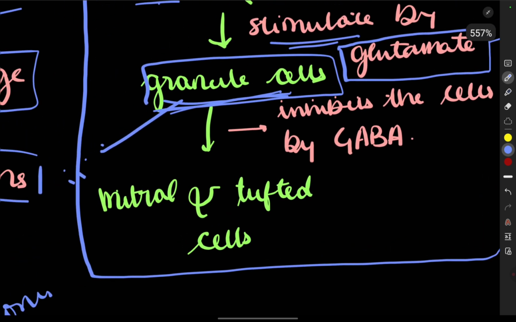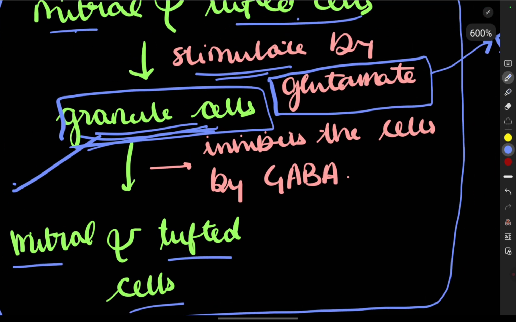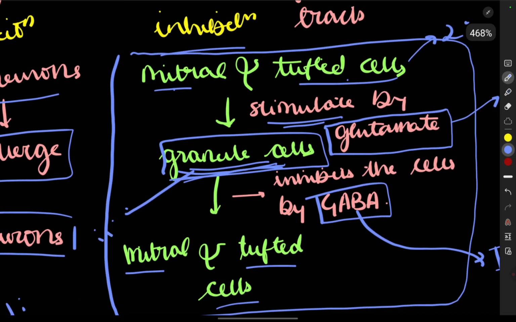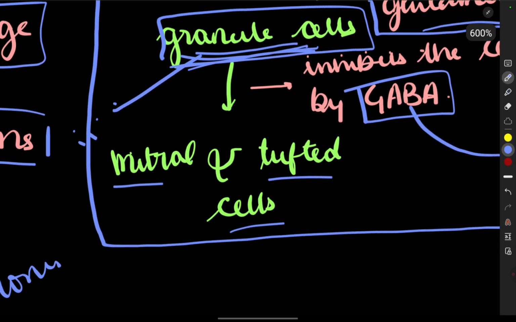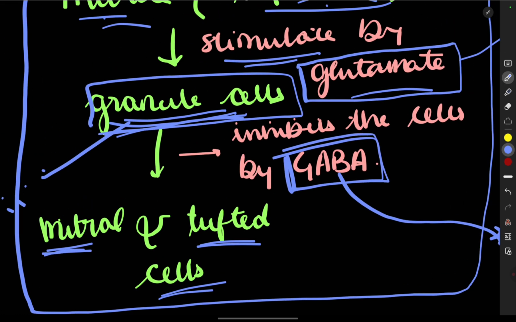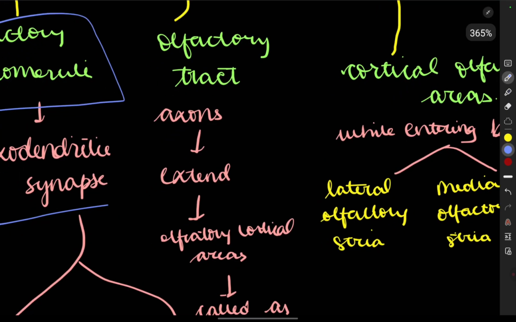In turn, the granule cells inhibit the mitral and tufted cells by GABA, gamma aminobutyric acid, an inhibitory neurotransmitter. This is how you need to relate things. Important to remember. So this is about the olfactory glomeruli and their functions.